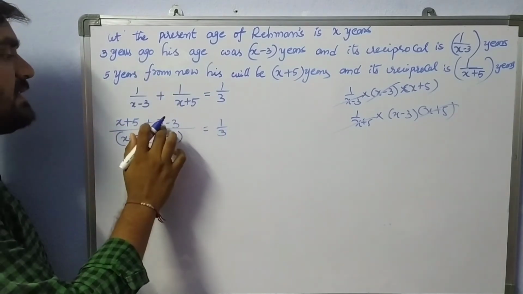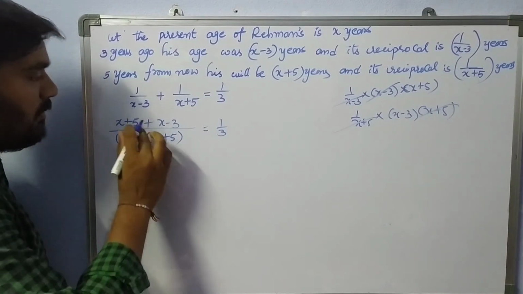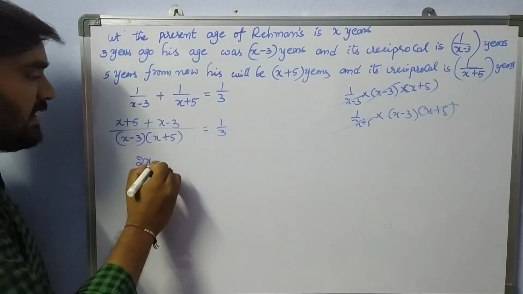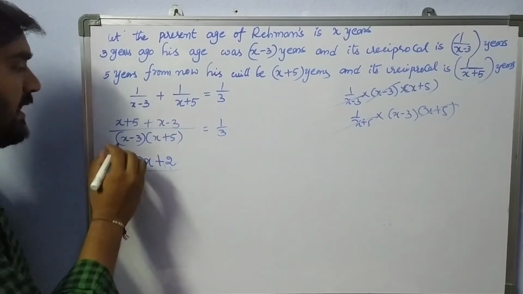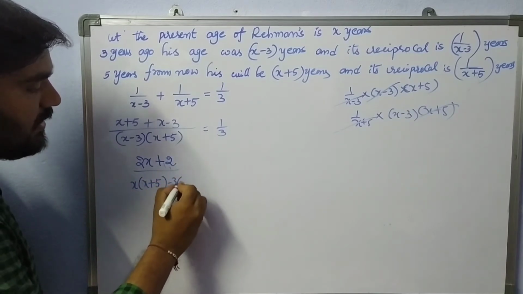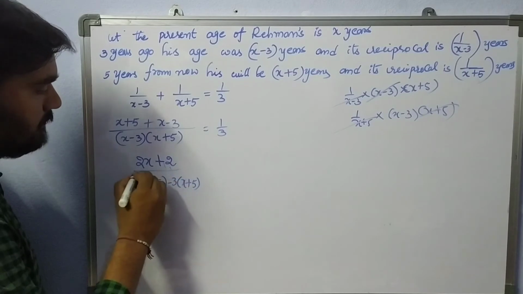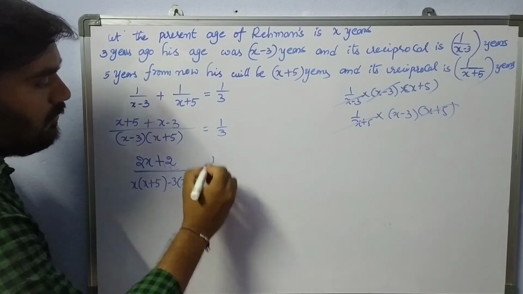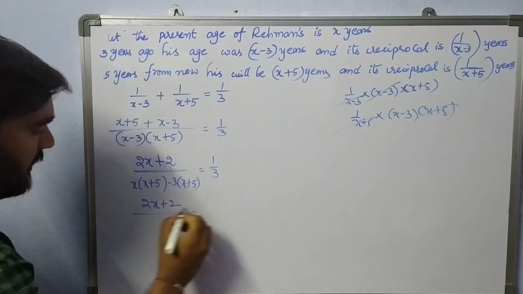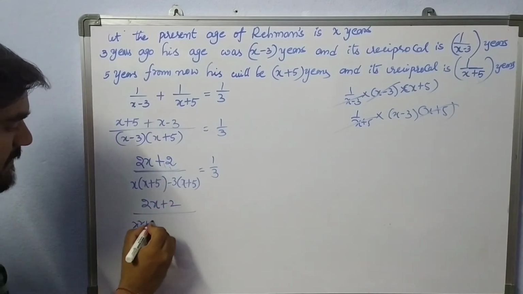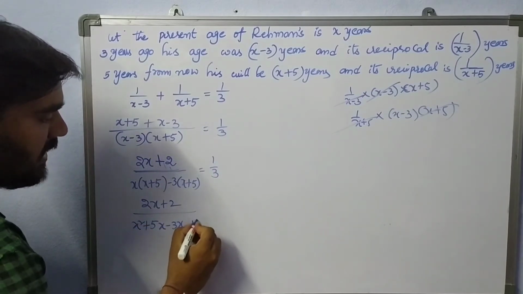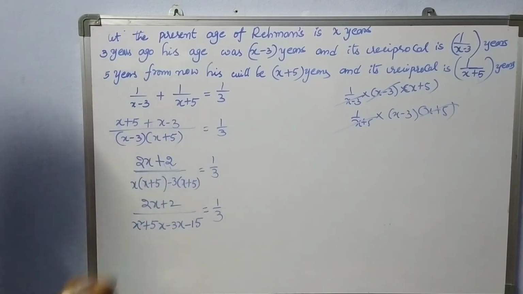Now x plus x is 2x, plus 5 minus 3, we will get plus 2, divided by x into x plus 5 minus 3 into x plus 5 is equal to 1 by 3. Now we will get 2x plus 2 by x square plus 5x minus 3x minus 15 is equal to 1 by 3.